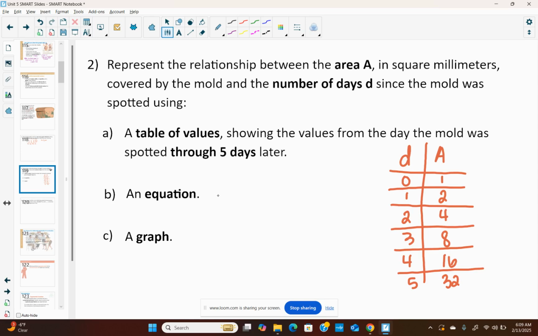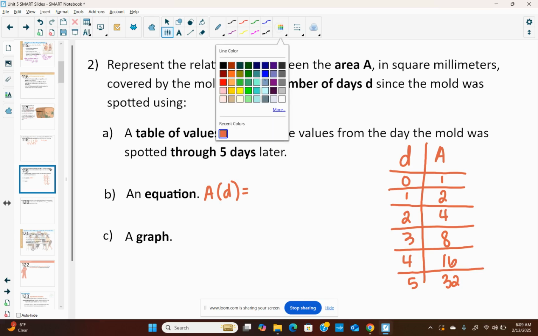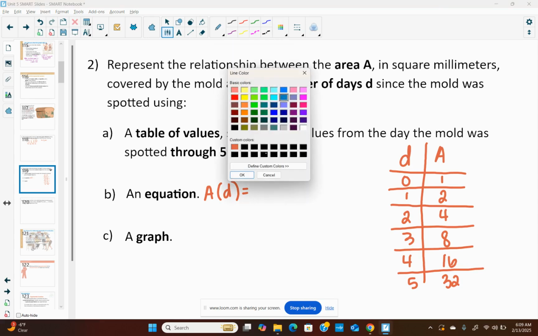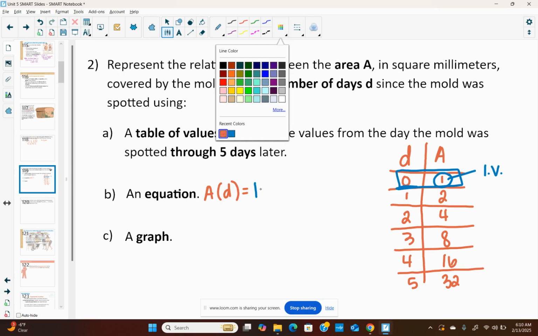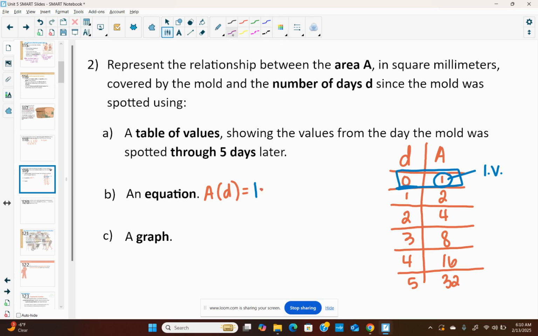So now if we write an equation for this, our function notation is going to be area as a function of days. Our initial value, so remember you start an exponential function with the initial value, and that's what's happening here at 0 days. So we're looking in here, the output. So here's your initial value. That's going to start your equation. And then we multiply by the growth factor.